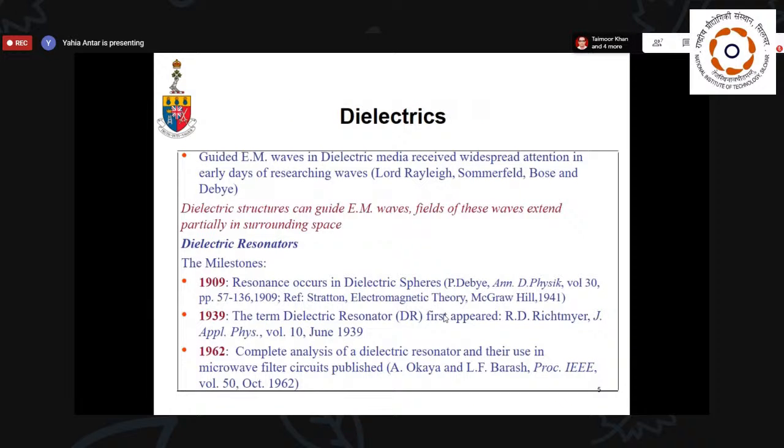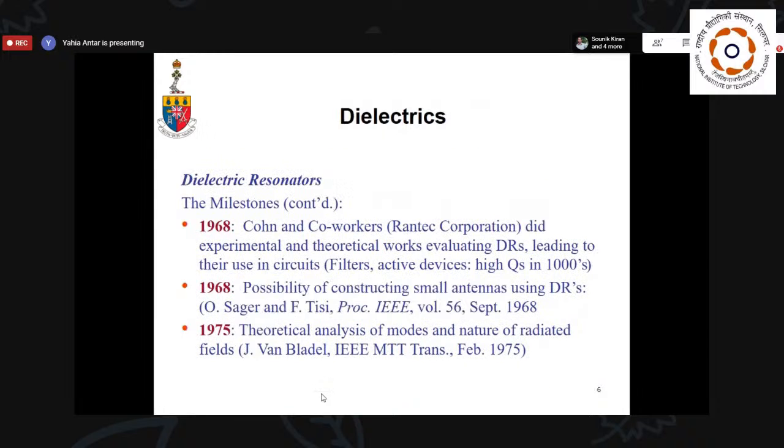So let us look at dielectrics, and dielectrics have been around for a long time. They have been used in circuits and so on, but if you go back to the history of dielectrics, they were used mainly as energy storage devices, not energy radiating devices.